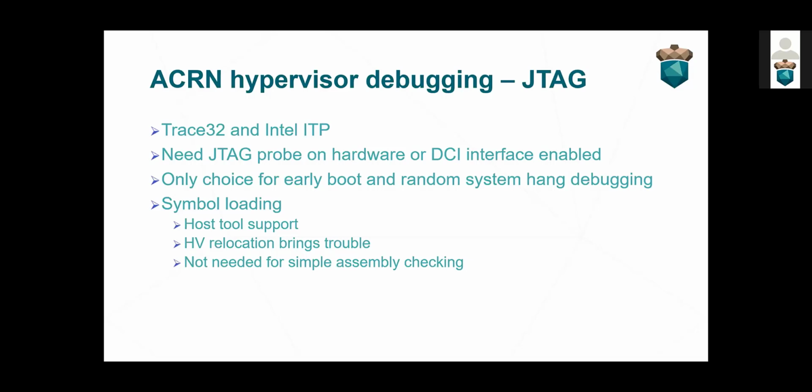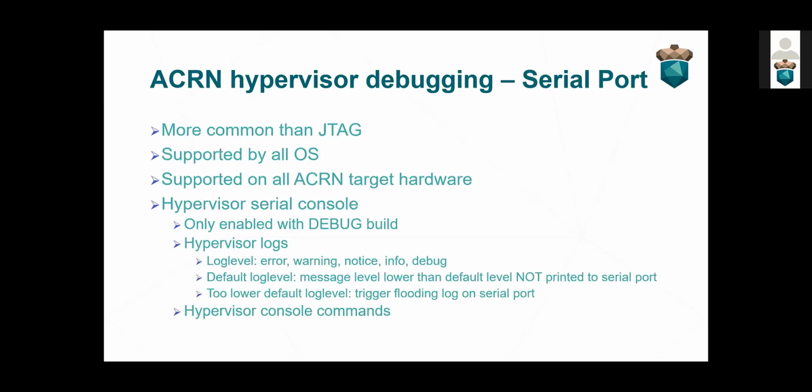No. Okay, next. The most common methodology we use to debug ACRN is through the serial port. If you check our ACRN documentation, you'll see that to debug the ACRN hypervisor, the serial port is a must-have. It's more common than JTAG.